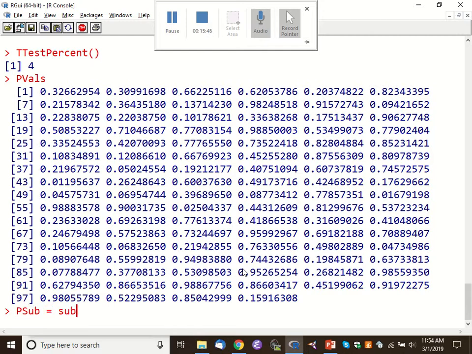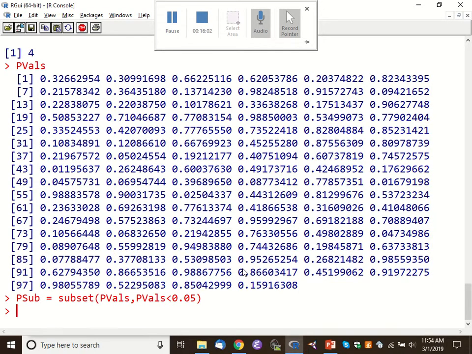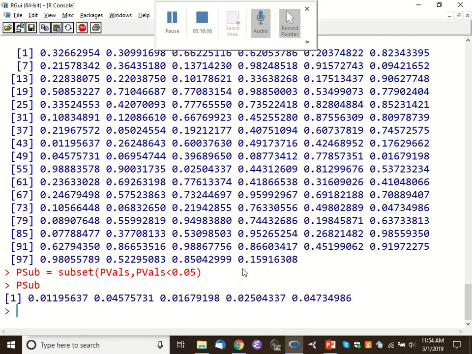P-sub is going to be the subset of the p-vals such that p-vals is less than 0.05. I believe that's what I had written in my code. So if I just say p-sub, I can see that I don't have 100 values anymore. I only have the ones that were less than 0.05.